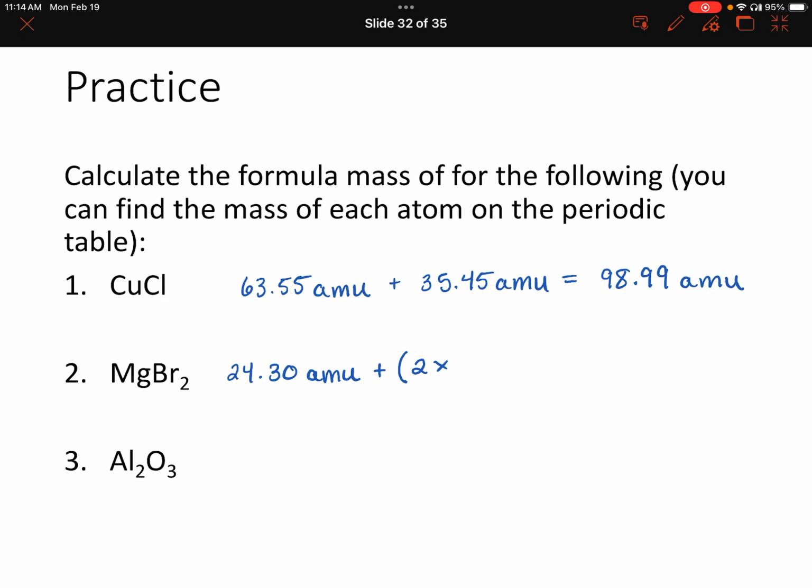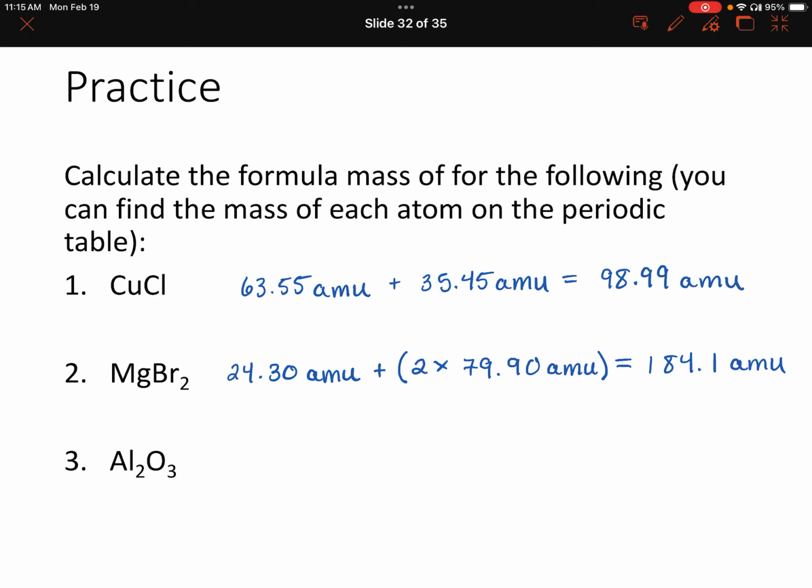And bromine's mass on the periodic table is 79.90 atomic mass units. All right, so plugging that in, I got a mass of 184.1 atomic mass units.